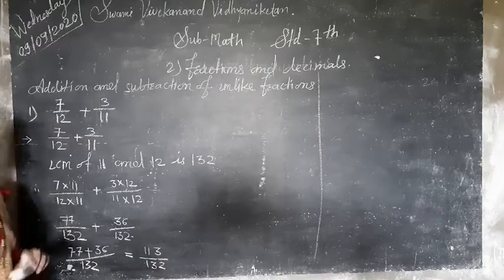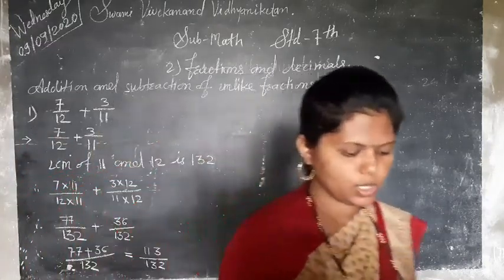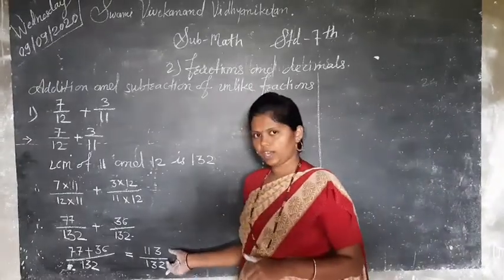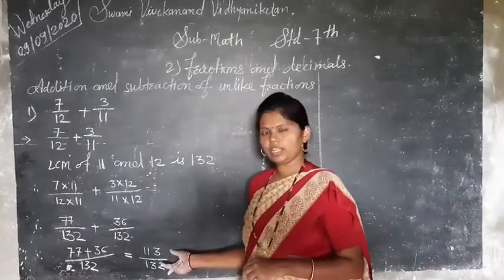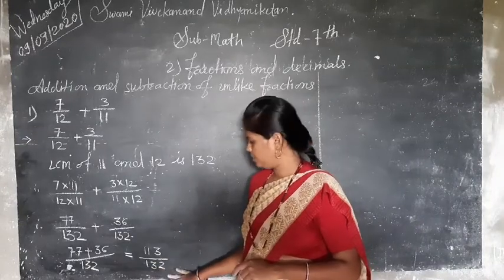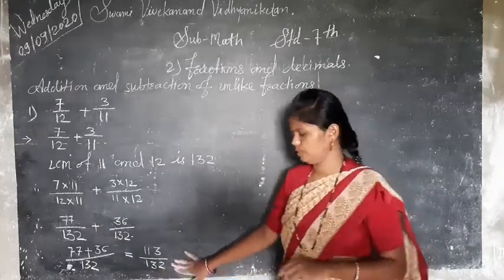Whatever fraction you get at last, if you can simplify, then you have to simplify. Otherwise, if you can't simplify this fraction, let it be. See, 113 and 132, we can't simplify, so your answer is completed here.